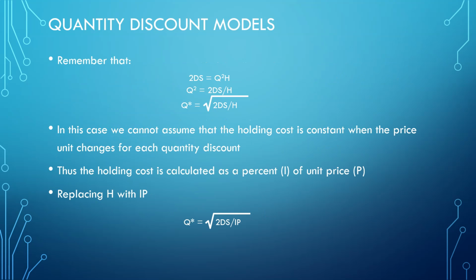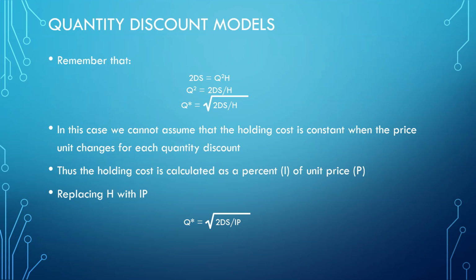Remember that the lowest cost occurs when the setup cost is equal to the holding cost, which means that DS over Q is equal to Q over 2 times H, which means that Q star will equal the square root of 2DS over H. In this case, we cannot assume that the holding cost is constant when the unit price changes for each quantity discount.